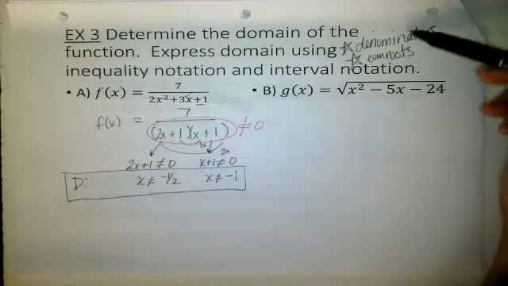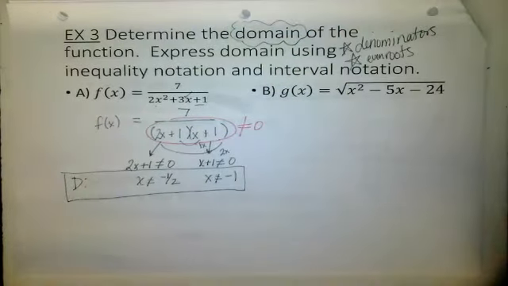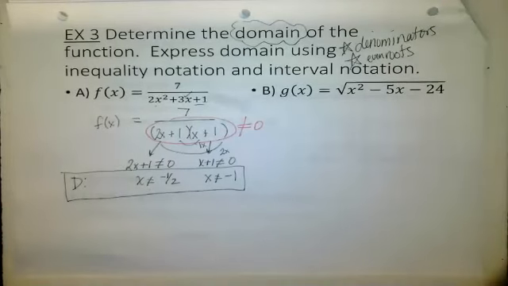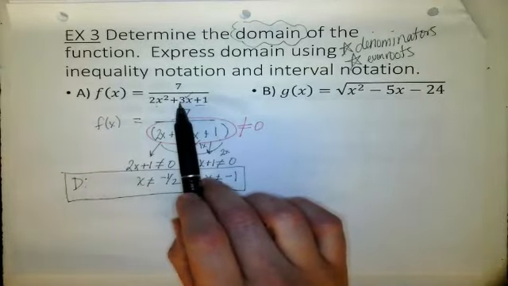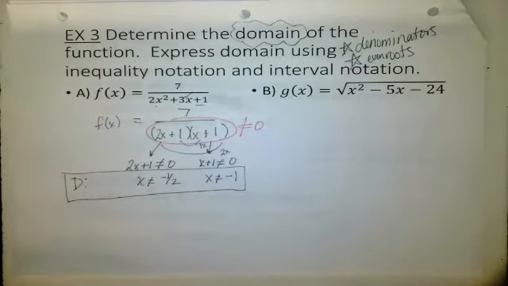These are the two things we have to look out for right now that are going to cause domain issues. When you see those things, you're going to get problems with domain. Usually, domain is negative infinity to positive infinity, just like your absolute value graph. It goes forever to the left and forever to the right. So whenever you come across denominators with x's in them, or even roots, there's always going to be a shrunken domain.